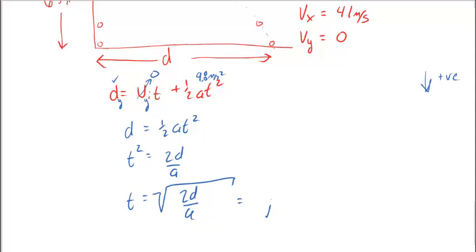So in this case, if I plug in the numbers, 2 times 65 meters over 9.8 meters per second squared, that gives me 13.265, and then I'll take the square root of that.